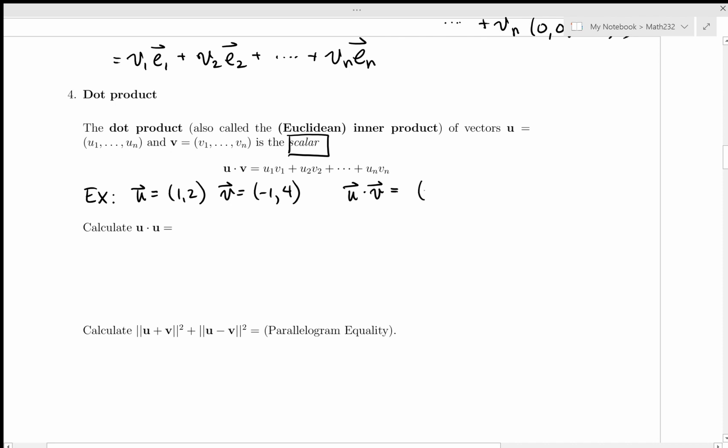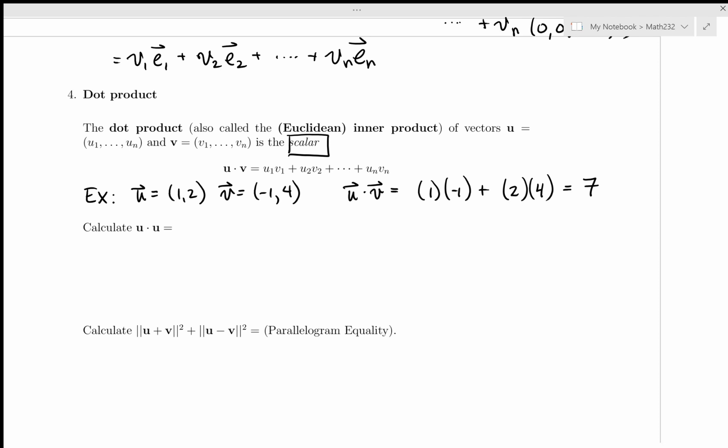That would be the first component of u multiplied by the first component of v plus the second component of u multiplied by the second component of v. 1 times -1 plus 2 times 4. That is -1 plus 8. That gets me 7. All right, so that's how you calculate the dot product.